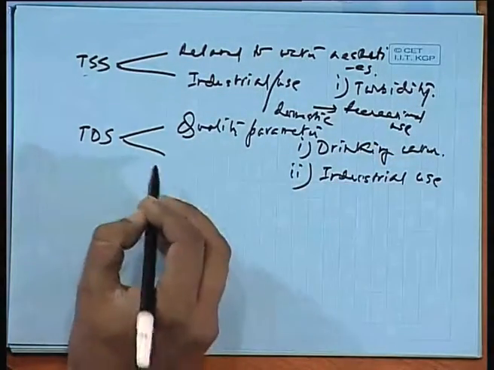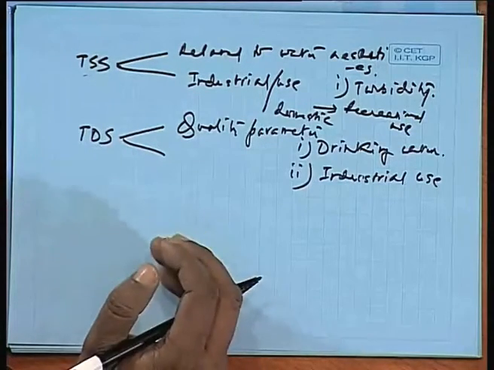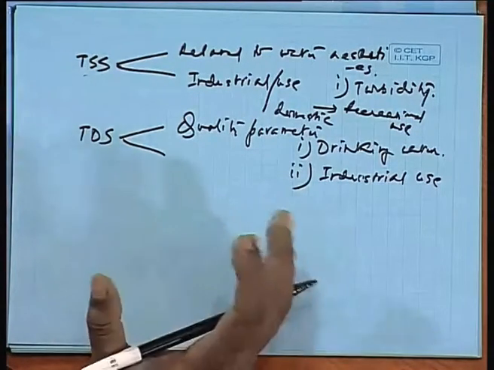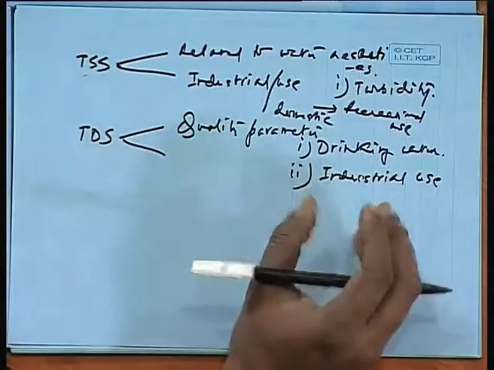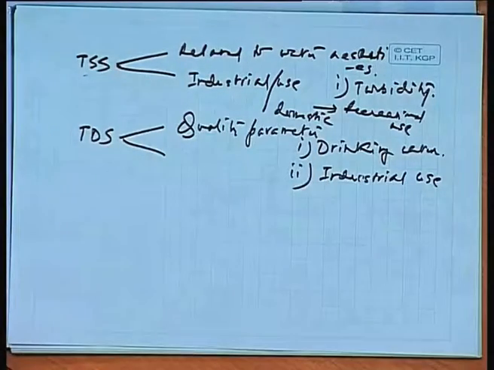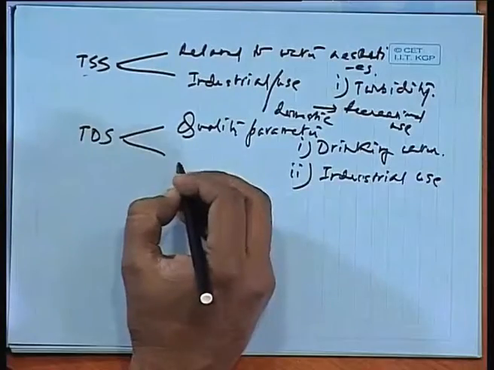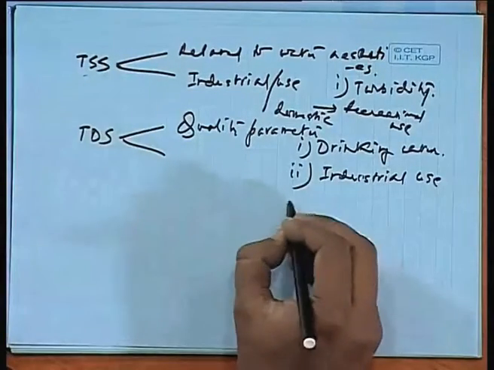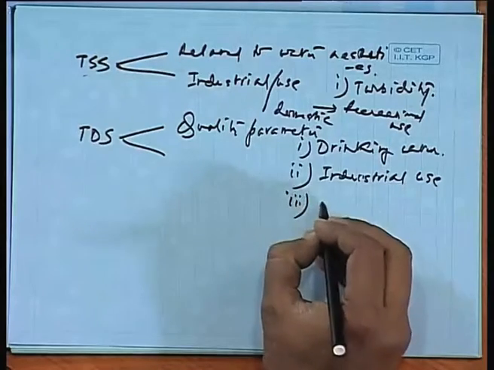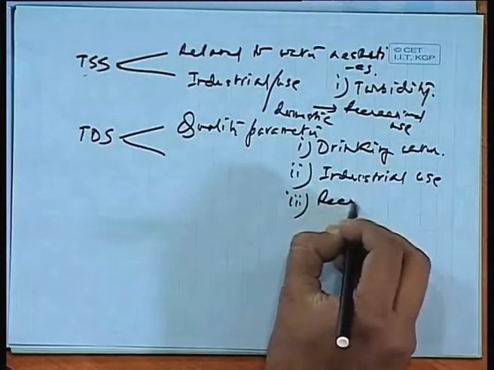If it is a natural pond or a natural water body, you might not be very concerned about the TSS in that water, but if you are using the same water for a water park or things like that, there you may be interested in TDS also. So for recreational purposes also, TDS may be important.